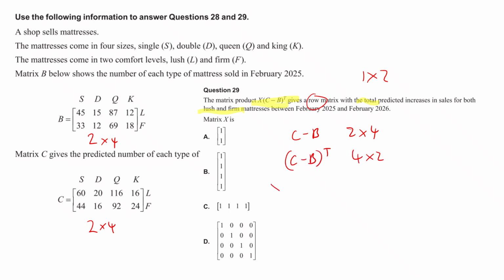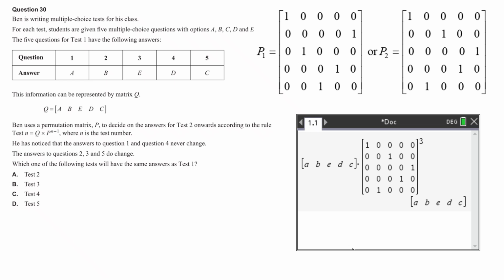So when we put this X in, we know it's going to match up with the 4 in the C minus B transpose, and it's a row matrix, so it's going to be 1 by 4. Then you can see that this is the 1 and the 2 that we wanted. So the only one that is a 1 by 4 matrix is C. Answer C.